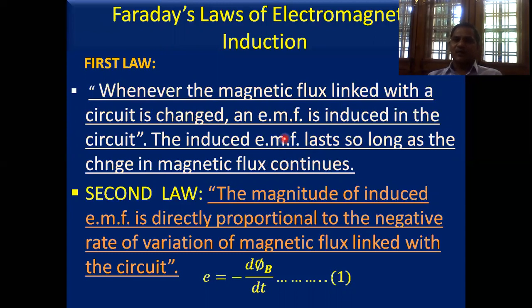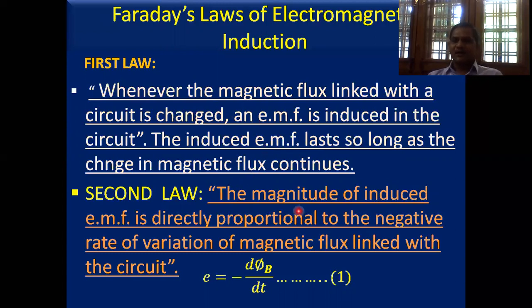So if the magnetic flux linking with the circuit is changing with respect to time, then EMF will be induced in the circuit. That induced EMF lasts so long as the change of magnetic flux continues with that coil. This is called the first law of Faraday's electromagnetic induction.